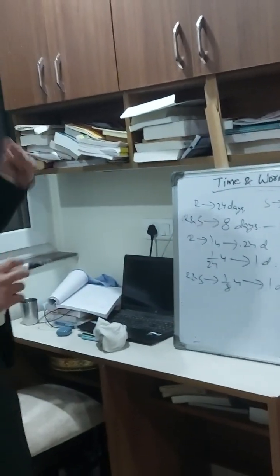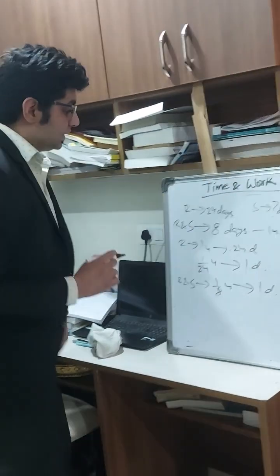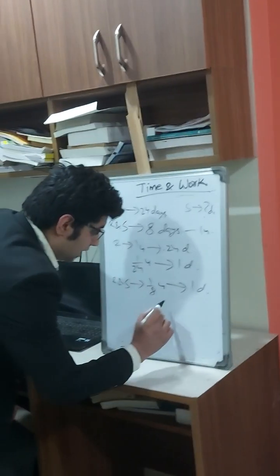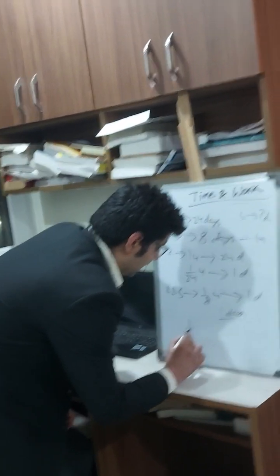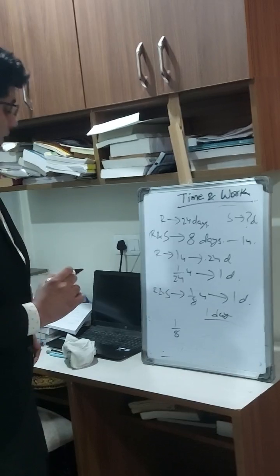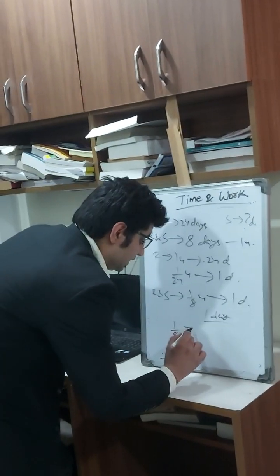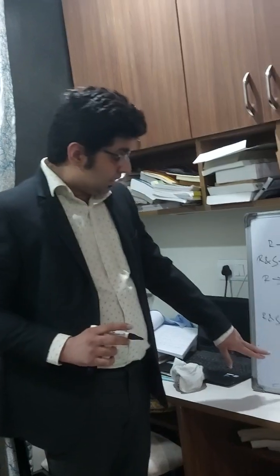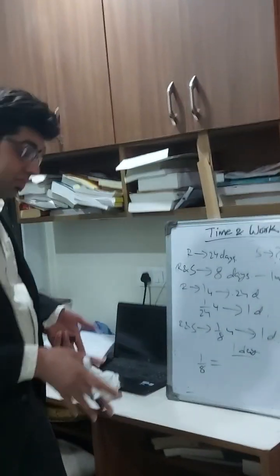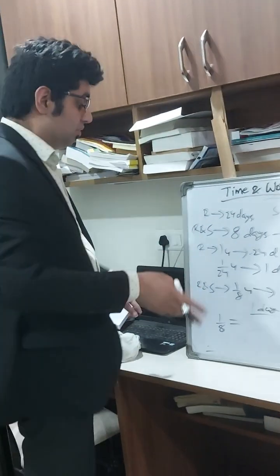Right? So here we can see that in 1 day, 1 by 8 equals, this is the total work that both Ram and Sham are doing. That is equal to Ram's individual work plus Sham's individual work.